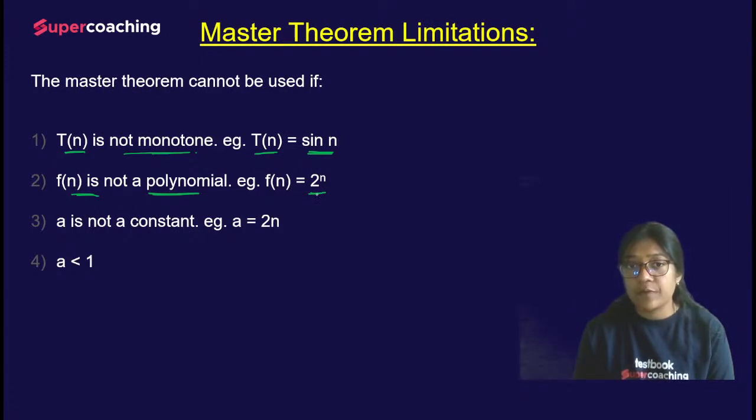If you look at this function, this is an exponential function, so here we cannot apply Master's theorem. A is not a constant number. A should be a constant number because we are applying the log on the value of A. So A must be a constant number. A should be a non-negative function. It can be equal to 1 but not smaller than 1.